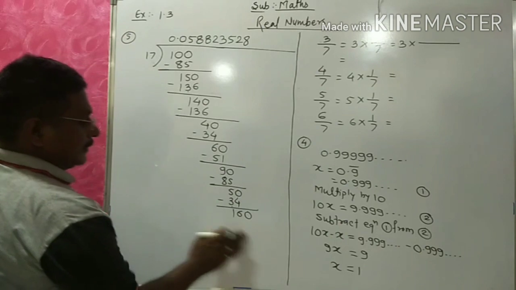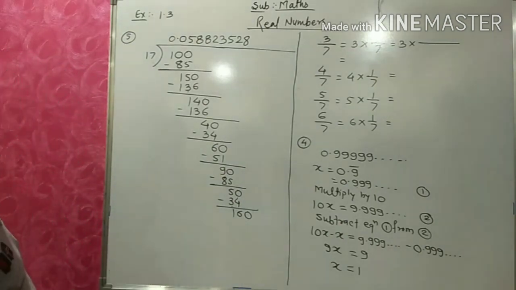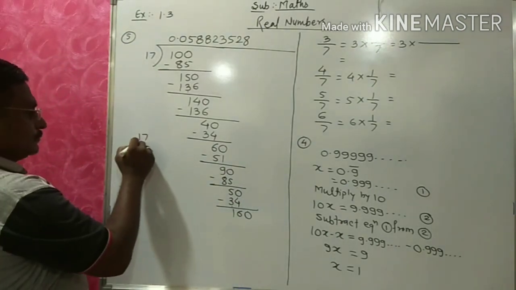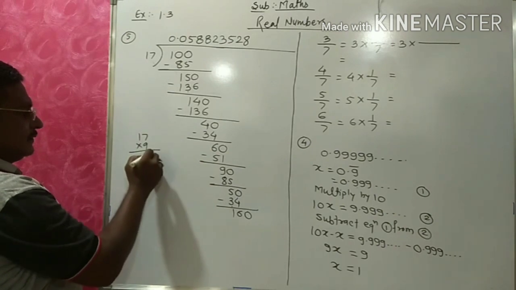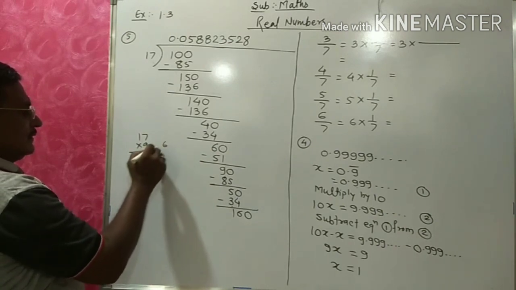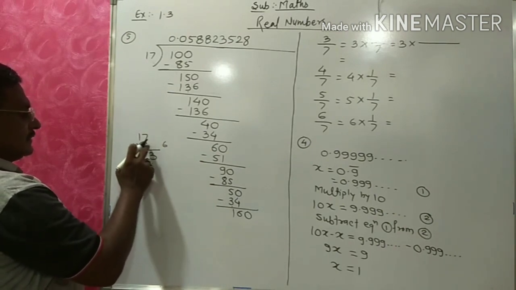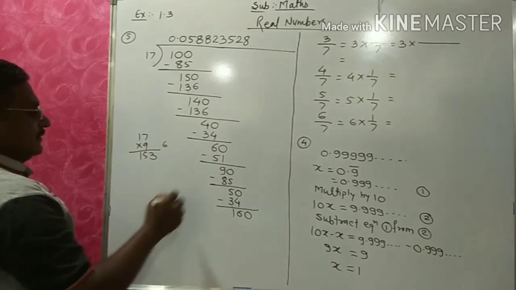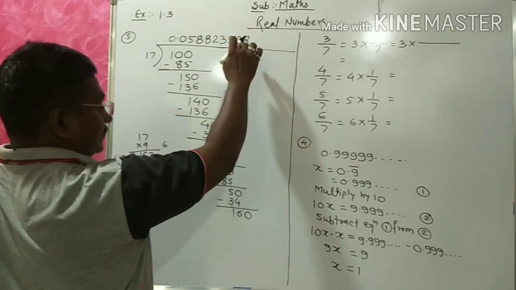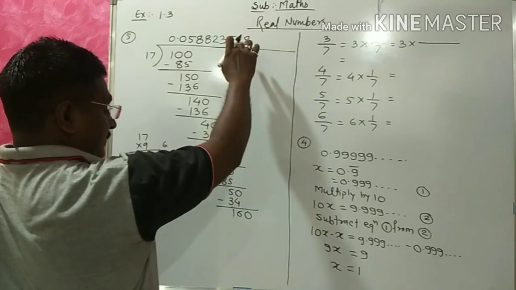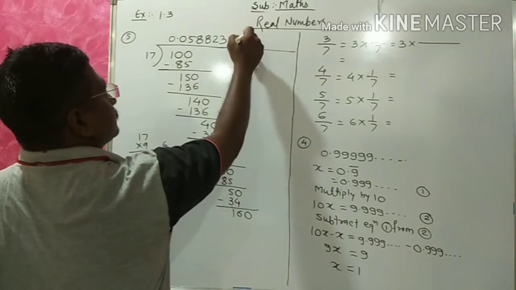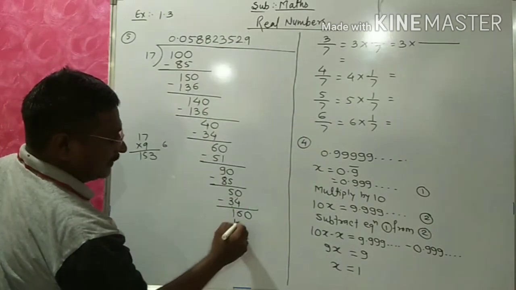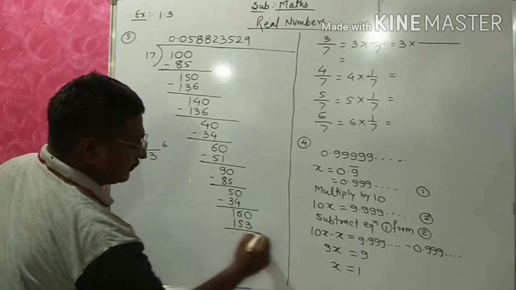Sorry. So 17 9s are. What will we get? 3, 6, 15, 153. Means 17 9s are 153.